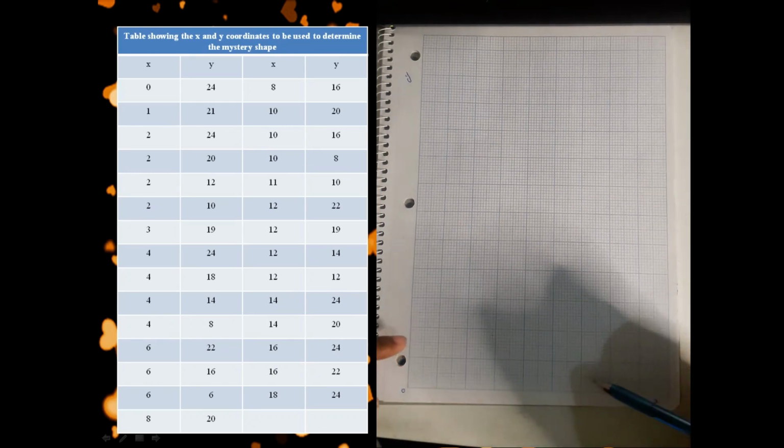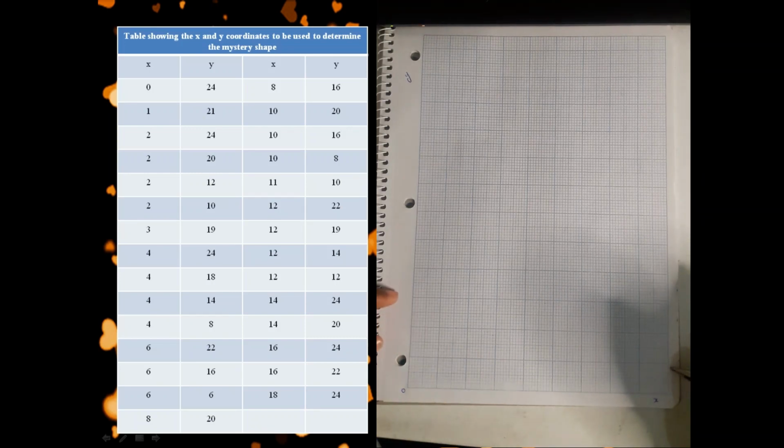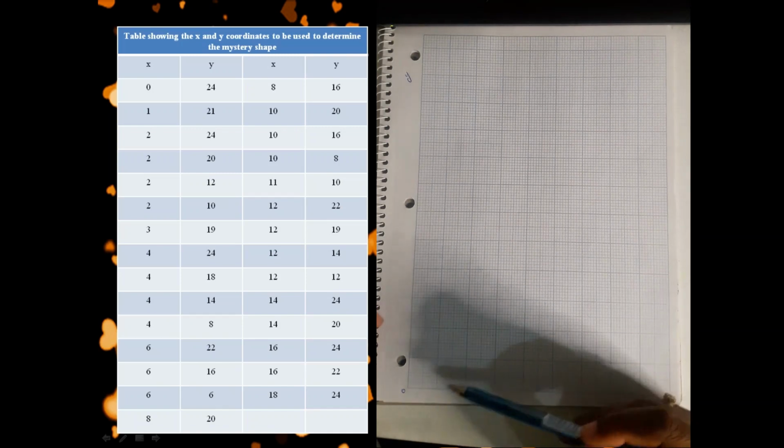I know every 10 spaces is less than 18. It's like 1, 2, 3, 4, 5, 6, 7, 8, 9. And since every 10 spaces has 5 spaces in it, if you have 9, then you must have exactly 18 going across here.